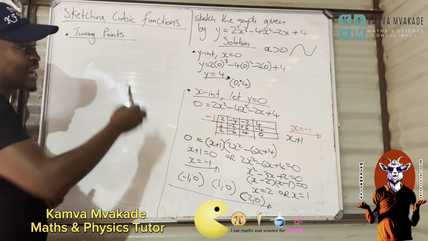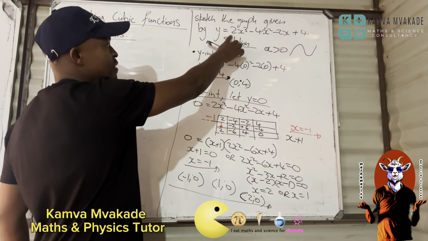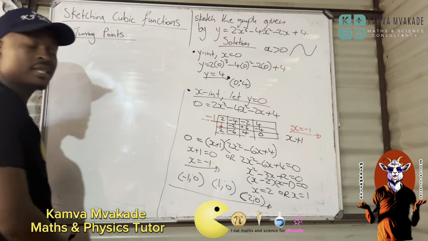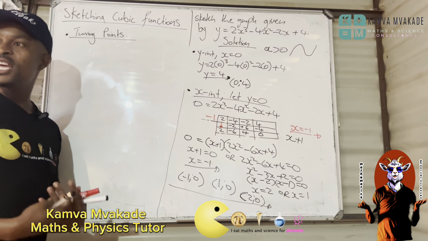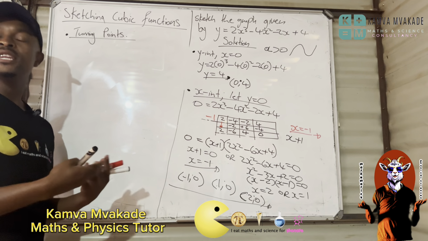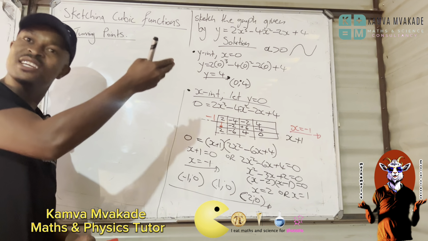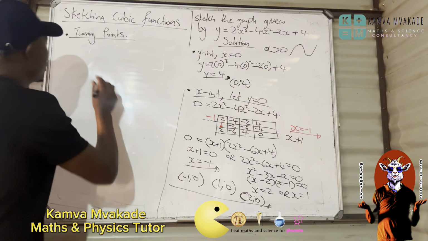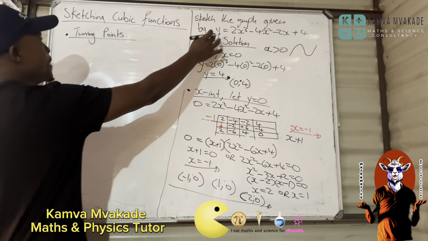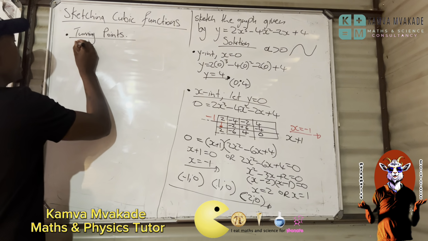On our function, once we differentiate that function, what do we get? The equation for the gradient at any point on that graph. But our point of interest is the turning point. What do we know about the turning point? The gradient is 0, so we're going to find dy.